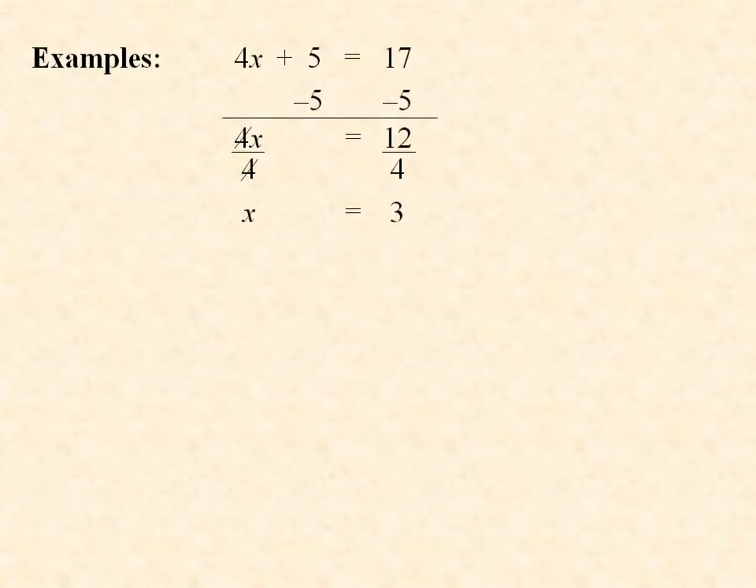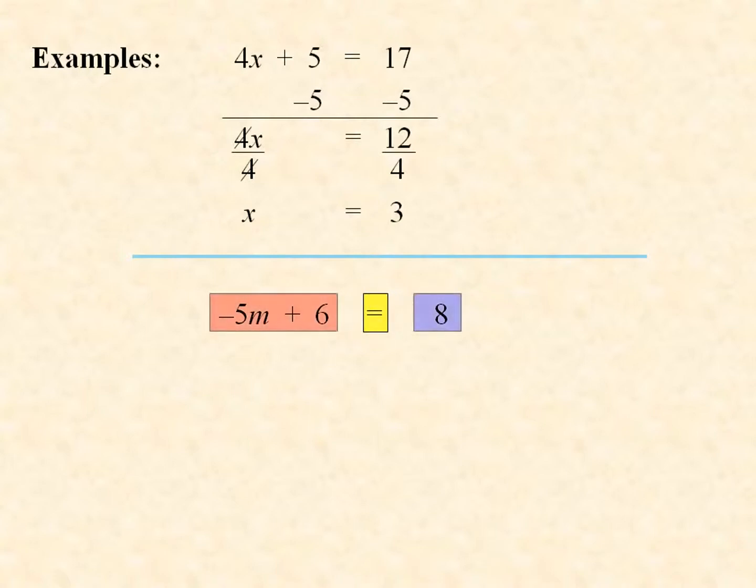Let's look at another example. To solve negative 5m plus 6 equals 8, again we pay attention to the equal sign. We identify the left and right sides. The m is on the left. m is multiplied by negative 5 and then 6 is added. We will undo the addition of 6 first. We add negative 6 to both sides.